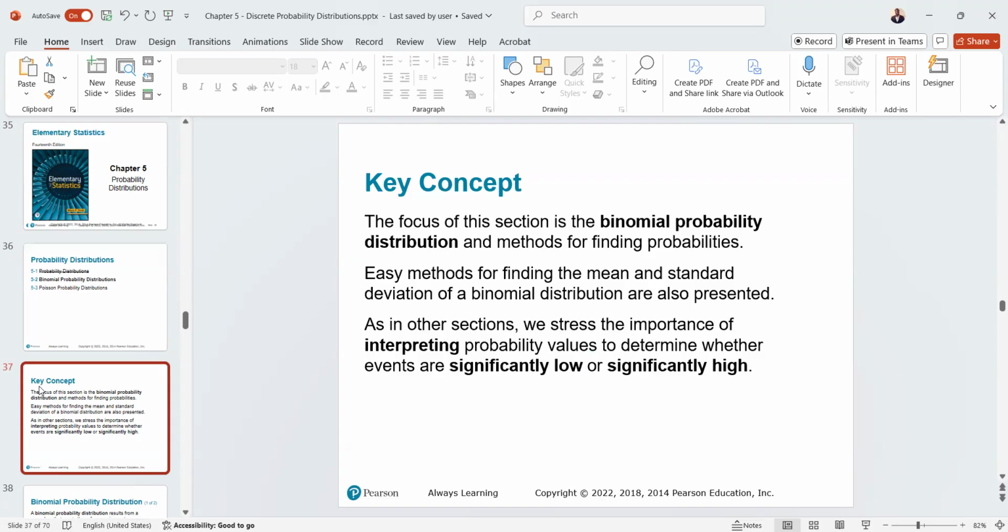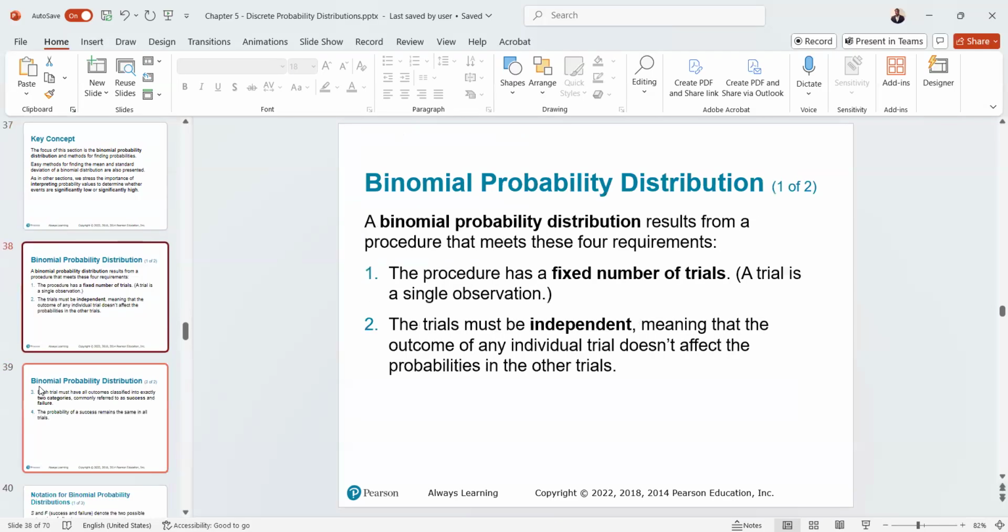Easy methods for finding the mean and standard deviation of a binomial distribution will also be presented. We will also stress the importance of interpreting probability values to determine whether events are significantly low, significantly high, or neither. Without further ado, let's talk about binomial distributions.